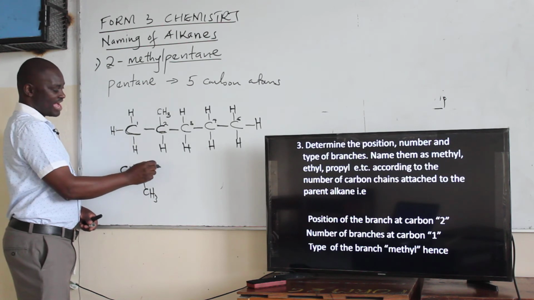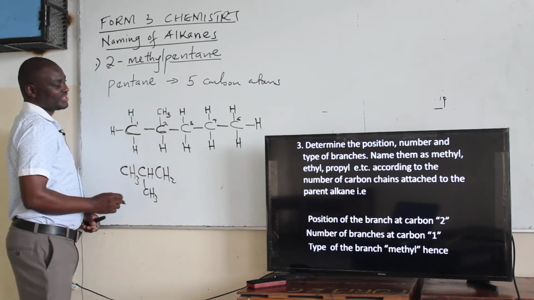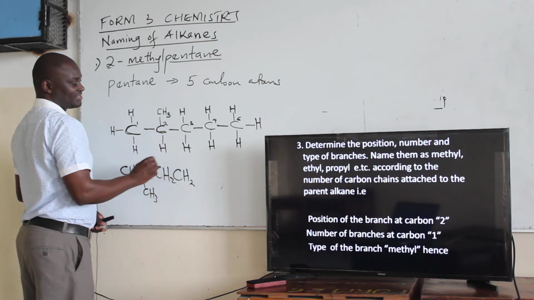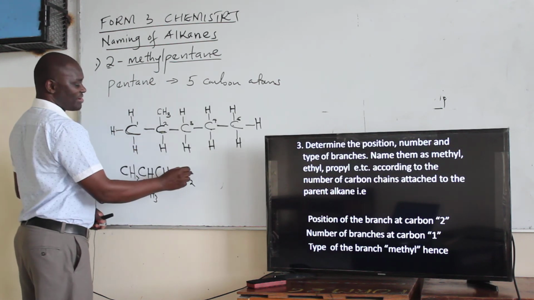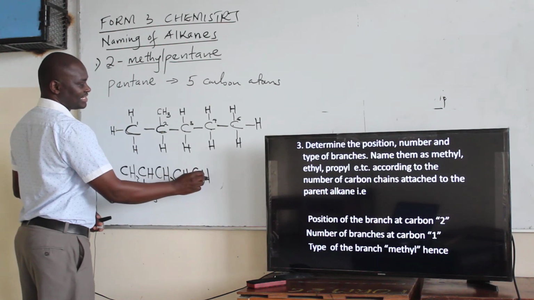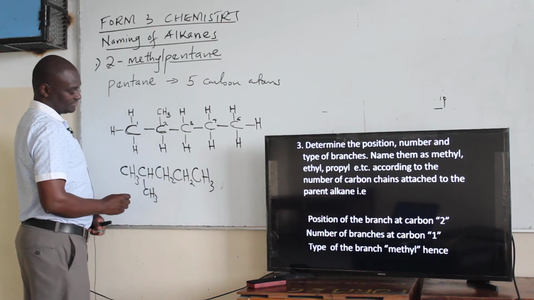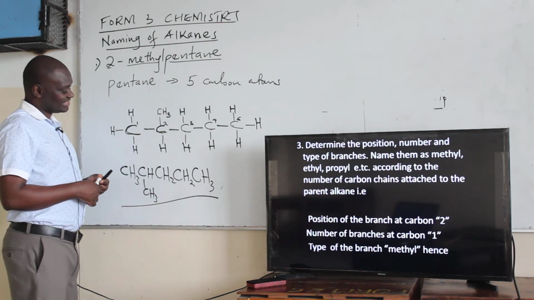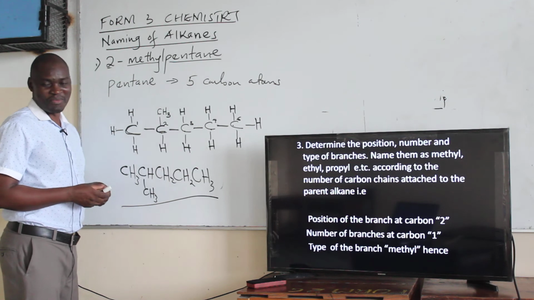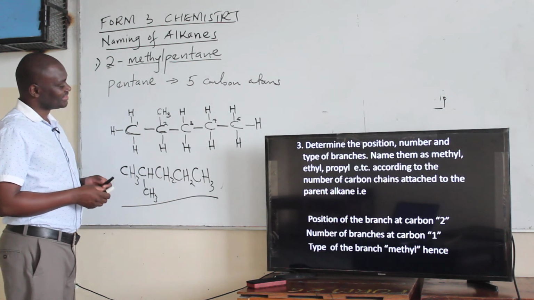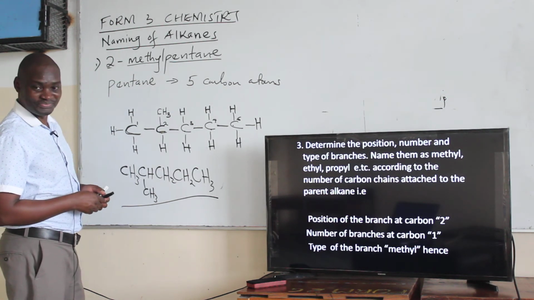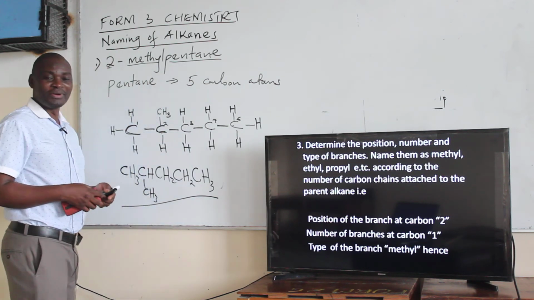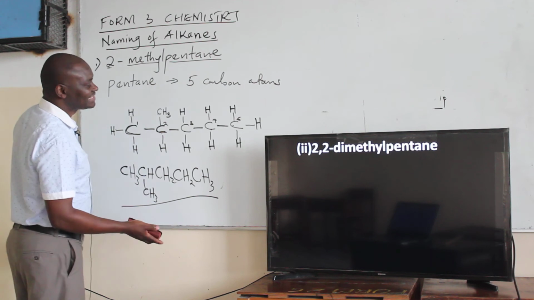The third carbon has 2 hydrogens. The fourth carbon has 2 hydrogens. The fifth carbon has 3 hydrogens. So this one is also acceptable. That is our first example.